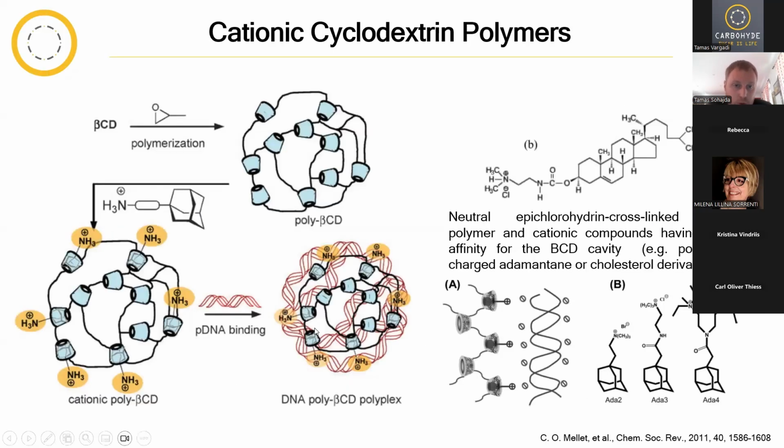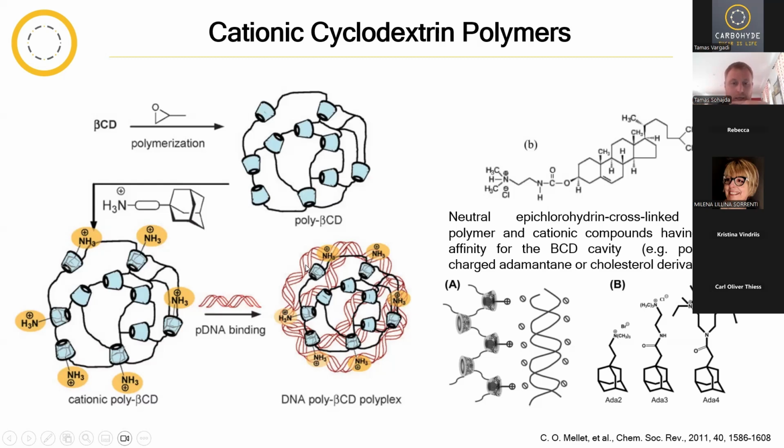And here, this is a beta cyclodextrin polymer. It can be functionalized or complexed with compounds containing positive charges, and this can bind the DNA itself. Of course, this modification can also be a chemical modification.